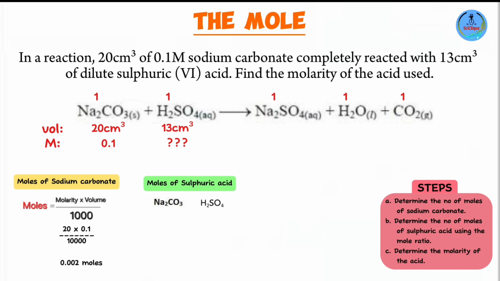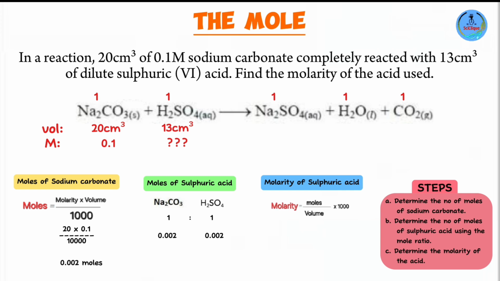Now look at the equation. 1 mole of sodium carbonate reacts with 1 mole of sulfuric acid. So if the actual number of moles of sodium carbonate was 0.002 moles, then those are going to be the same number of moles of the acid. Our last step, determining the molarity of the acid. Now, at this point, what do we know of sulfuric acid?